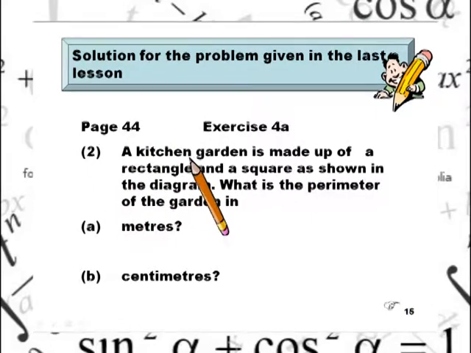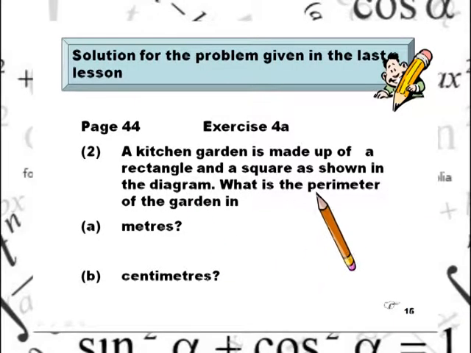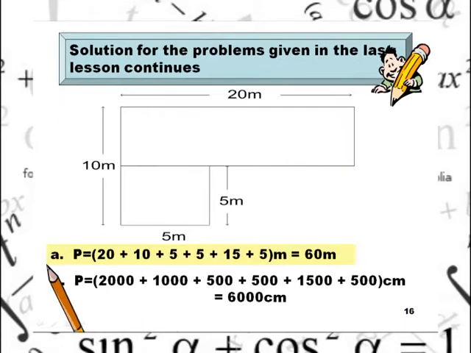A kitchen garden is made up of a rectangle and a square as shown in the diagram. What is the perimeter of the garden in A, meters, B, centimeters? A, perimeter P is equal to 20 plus 10 plus 5 plus 5 plus 15 plus 5 meters, and that is equal to 60 meters.